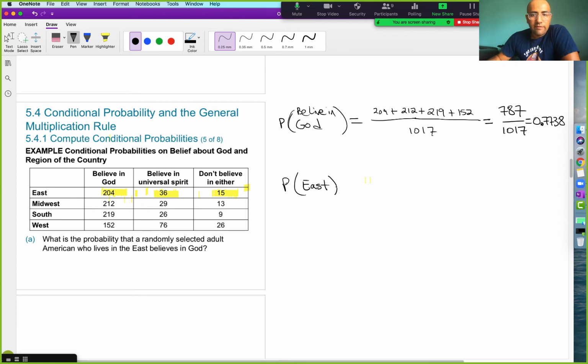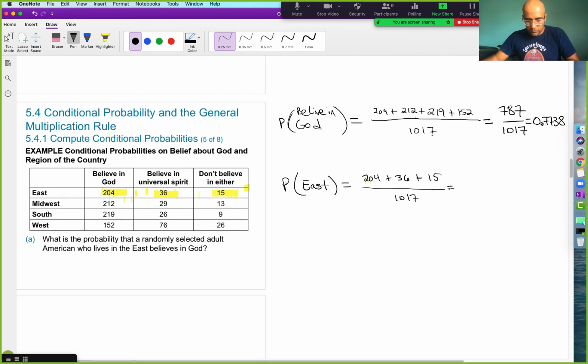How many people live in the East, right? So this is going to be equal to the number of ways in which we can find people that live in the East. Well, people that live in the East, that's going to be these people here. So the probability that they live in the East is going to be equal to 204 plus 36 plus 15 divided by 1017.